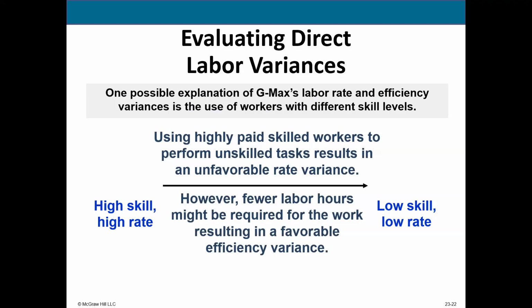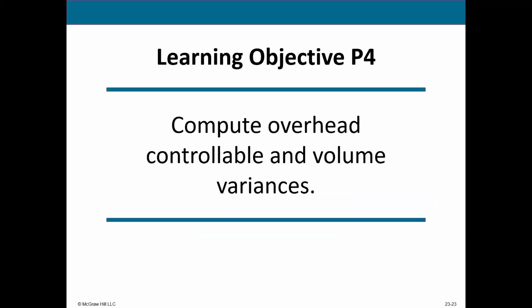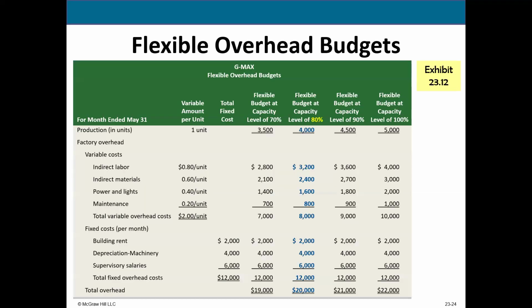So now that we've computed our direct materials variances and direct labor variances, it now comes time that we calculate our overhead variances, controllable costs, and volume variances, respectively. The way that I begin to do that is I need to look at my overall variances, and I do that based off of the level of capacity that we have.